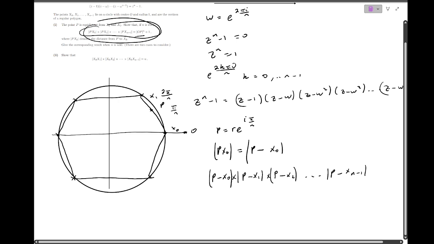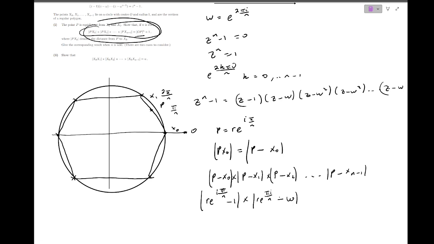Now P is just r e to the i pi over n. So r e to the i pi over n minus 1, because x0 is just 1, times r e to the i pi over n minus omega, because x1 is just omega, right? x1 is omega, x2 is omega squared. These are just the roots of unity.